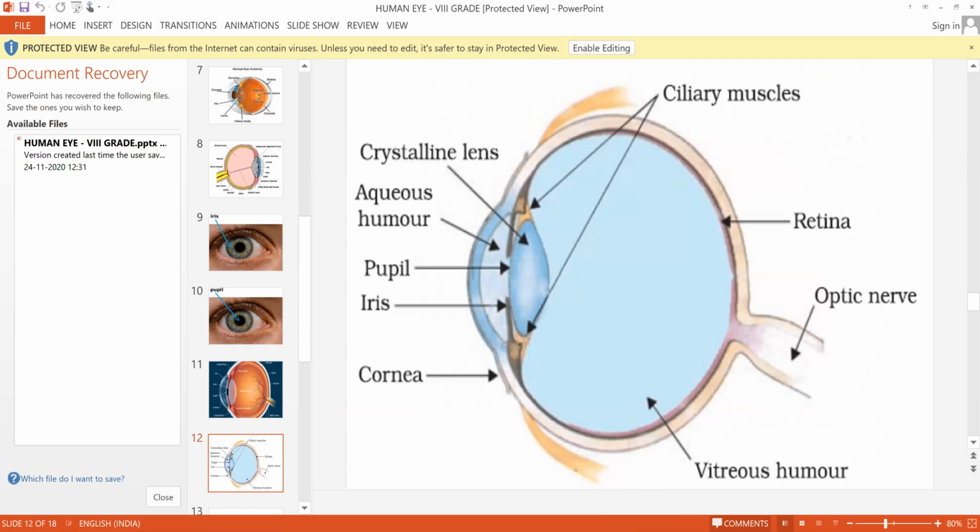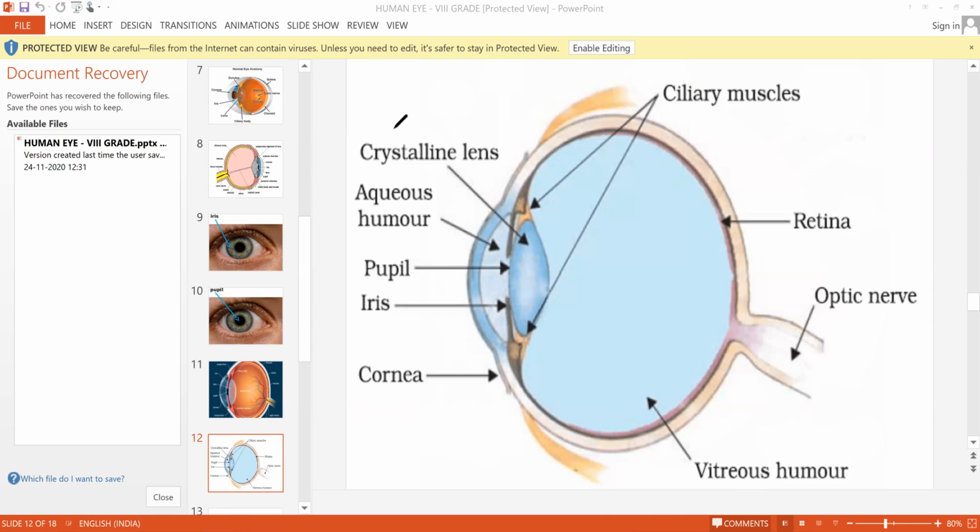So in this picture, you can see some ciliary muscles. Can you see ciliary muscles? Can you see what the ciliary muscles are here? Yes, miss. I will draw it. We will call it the ciliary body, and the ciliary body is made up of ciliary muscles.